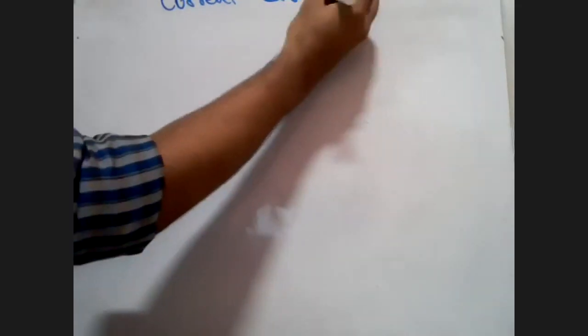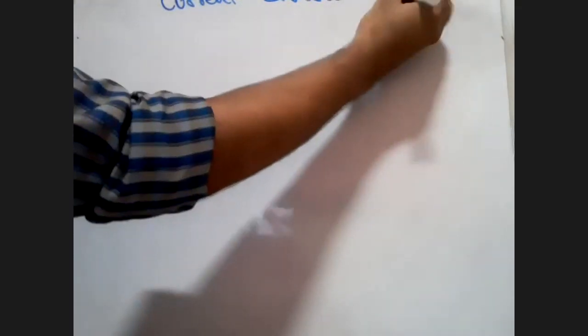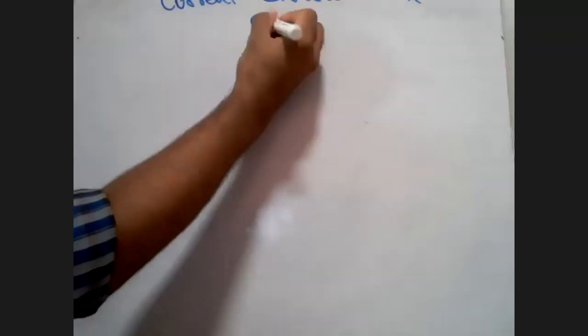Okay. Let's go to one important topic, and you can also call this topic CDR, current division rule. So does anyone have an idea of what current division rule is?